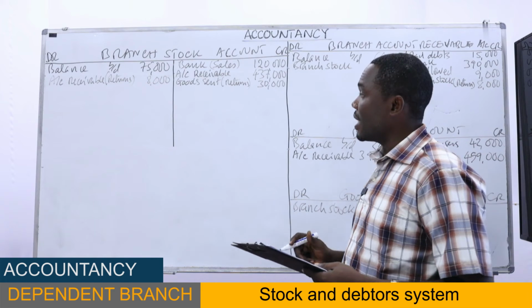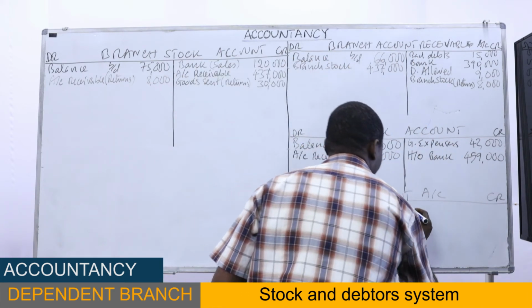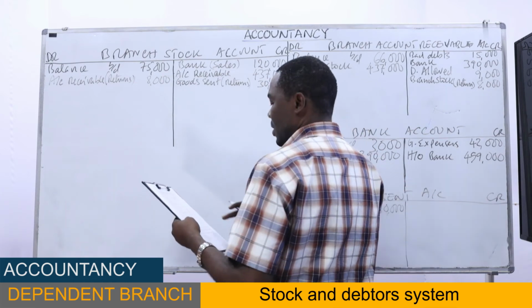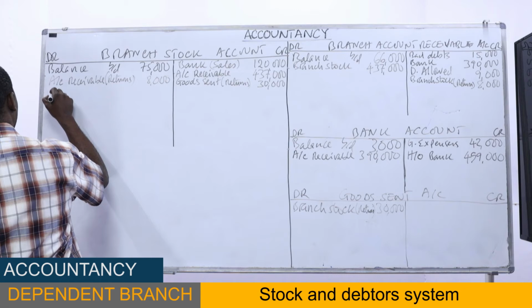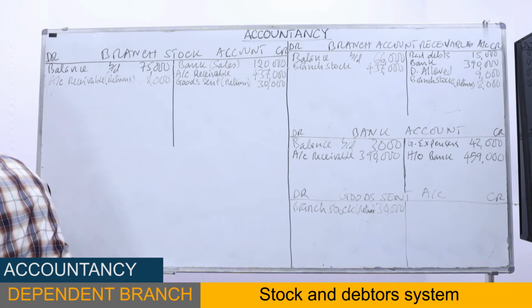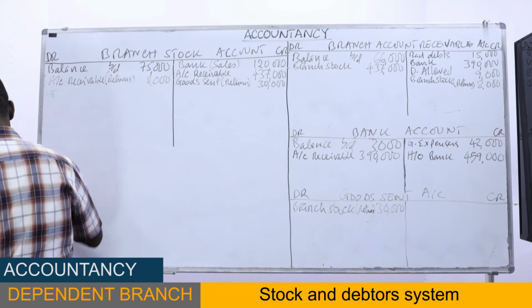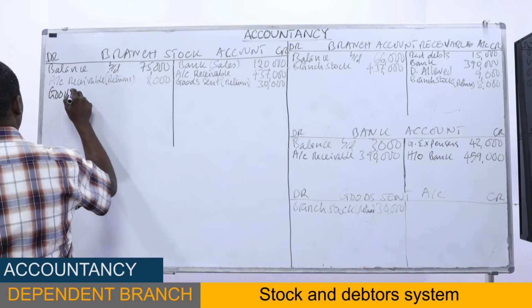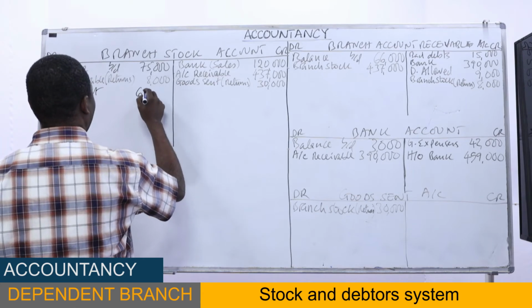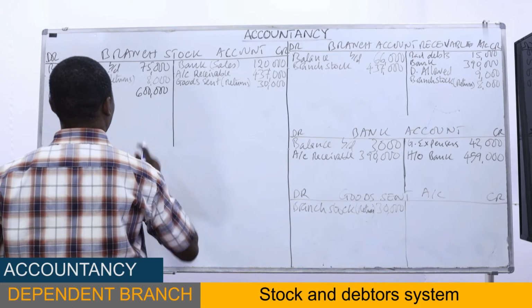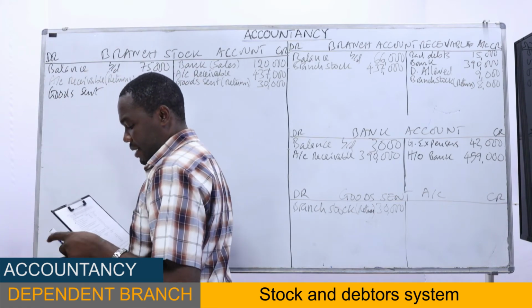Goods sent to branch at transfer price, of course, we credit goods sent. Yes, let me record it here first. Goods sent 600.